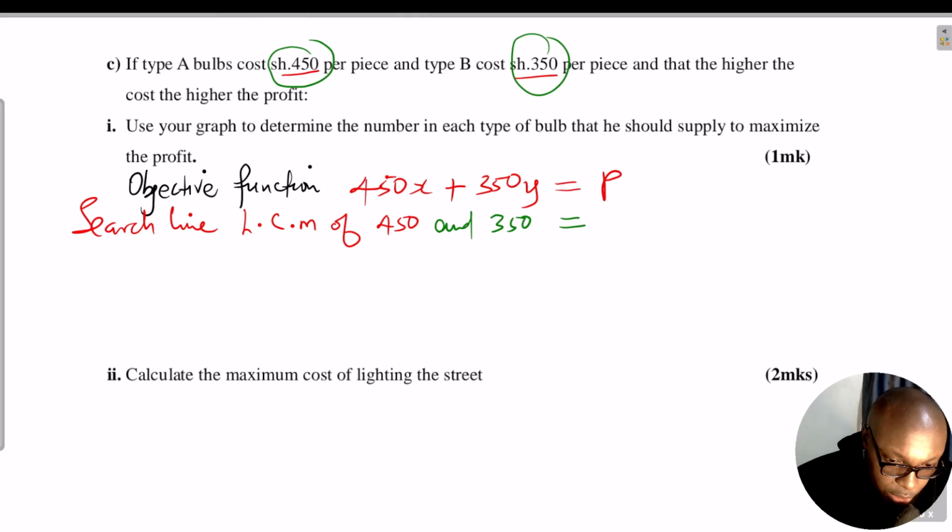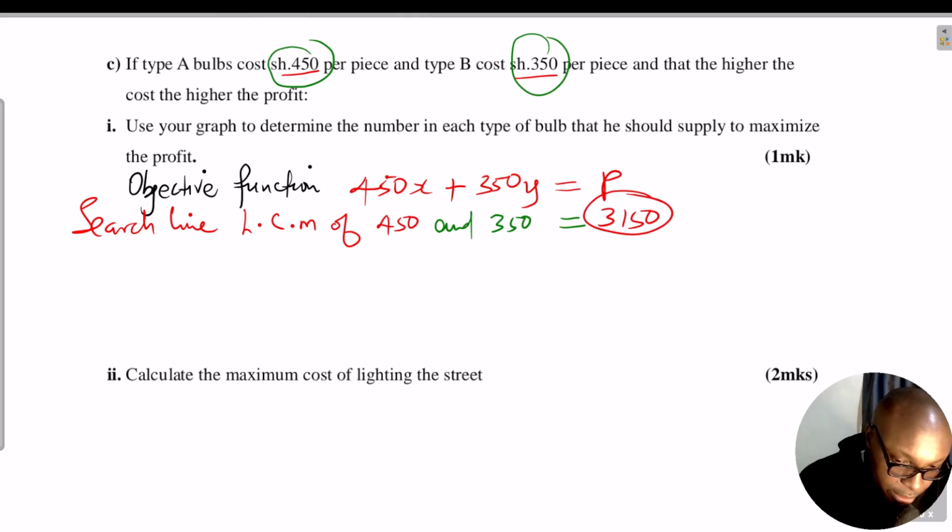The least common multiple of 450 and 350 will give 150.